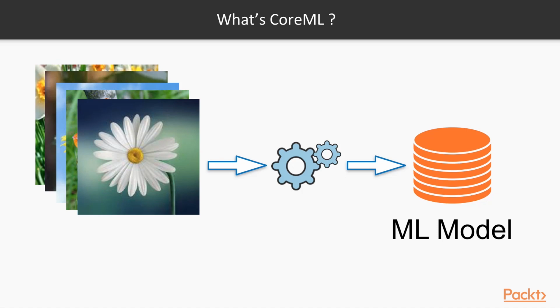A machine learning model is basically a file at the end of the story that can be used to analyze different images and give us back a probability of whether the image is a flower or not. And this is what CoreML is about. Basically, with CoreML, an iOS application can interact with this machine learning model, which was not possible before. In this example, we can take this machine learning model, put it inside an iOS application, and make this application able to distinguish pictures of flowers.